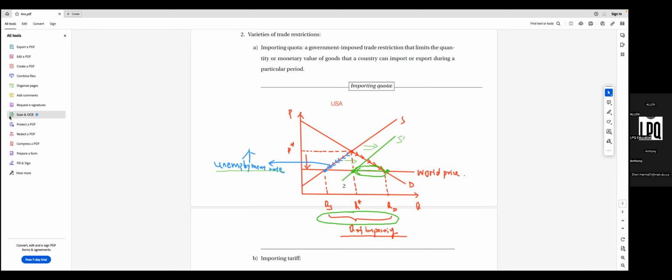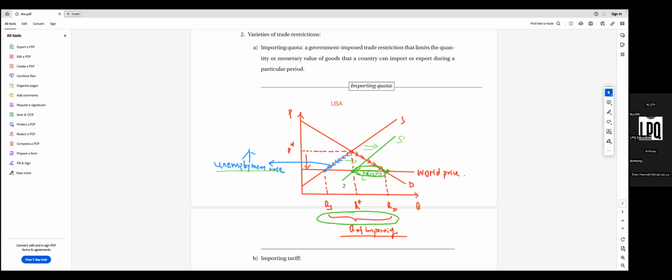So once again, where is the quota? The quota is here. How big is the circle? From here to here is the quota. In an AP level class, you don't need to worry about calculating how big the quota is.